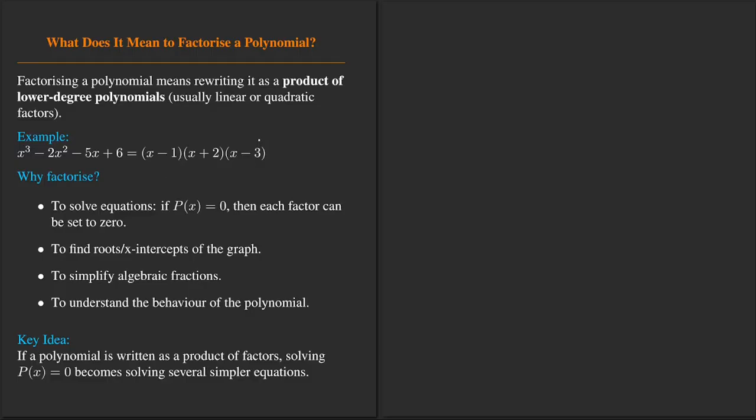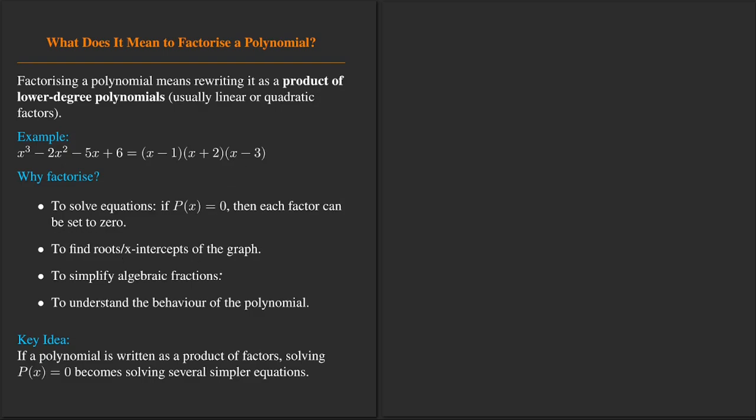But why do we even need to factorize? If you're able to factorize, you're able to find the zeros of a function. So we factorize in order to solve equations. We factorize in order to find the roots of the equation. When we talk of the roots, then you're actually finding where the graph touches the x-axis. That is the x-intercept.